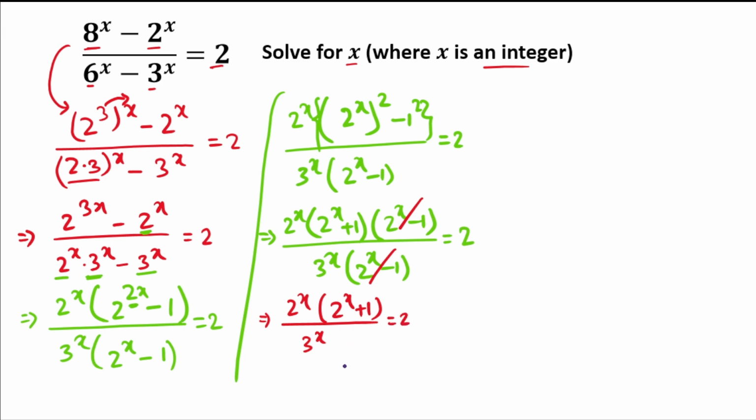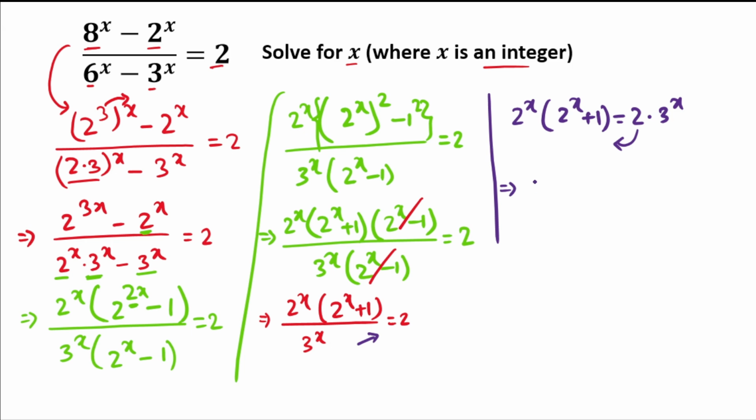Now we'll cross multiply. In the numerator we have 2 raised to the power x multiplied by 2 raised to the power x plus 1, and on the right hand side it will be 2 multiplied by 3 raised to the power x. Now we'll divide both sides by 2.